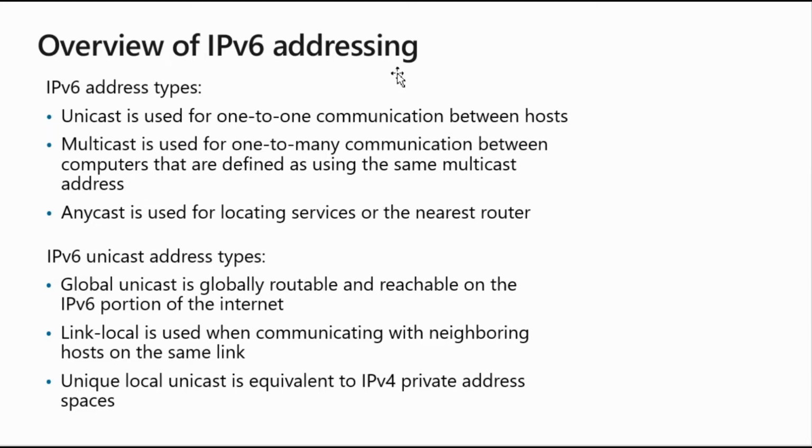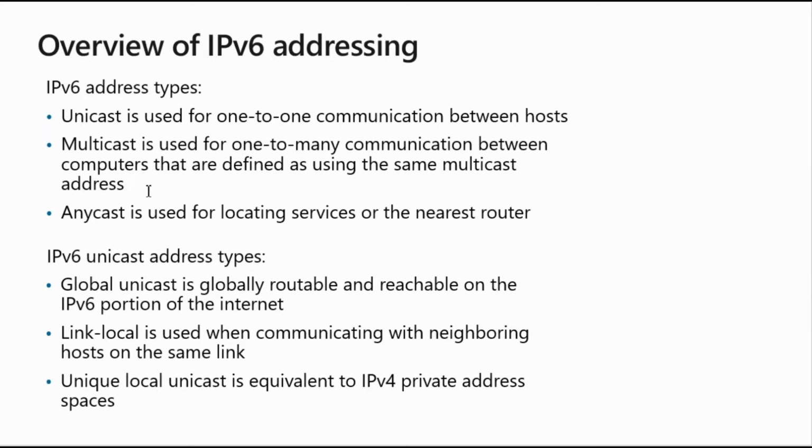Overview of IPv6 addressing. IPv6 address types: you have unicast, multicast, anycast. Unicast is used for one-to-one communications between hosts. Multicast is used for one-to-many communications between computers that are defined by the same multicast address.